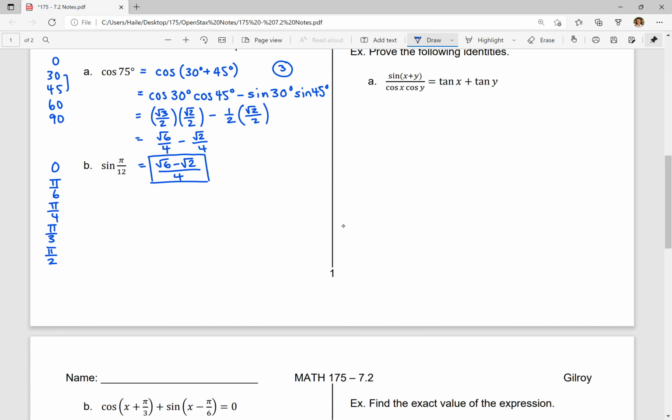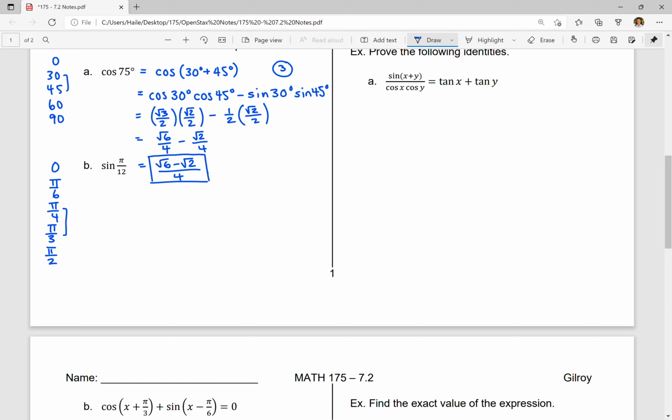The two I'm looking at are going to be pi over 4 and pi over 3. The reason for this is when I add something with a denominator of 4 to something with a denominator of 3, my first thought is, well, their least common denominator is going to be 12. And so that's a good sign that that's probably the pair of angles that I want.